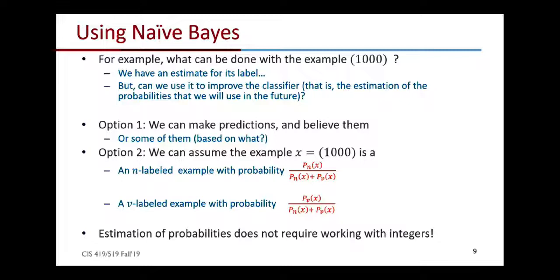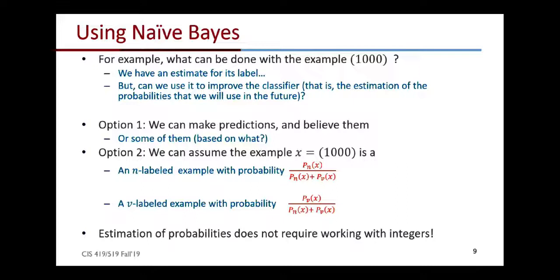Think about the naive Bayes algorithm and the way it works. It doesn't care whether the label is fractional. The same algebra that you're doing to compute the parameters, you could do also with fractions. So that seems like a more principled way. In fact, if your model is correct and Pn of x is indeed the probability of this example belonging to n, this is the best thing you can do. This is the right thing.